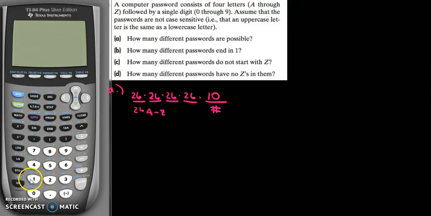So if I'm looking at how many possibilities that is, sometimes I'll throw up the graphing calculator here. It looks like it's 26 times 26 times 26, right? 4 different letters times 10 different numbers.